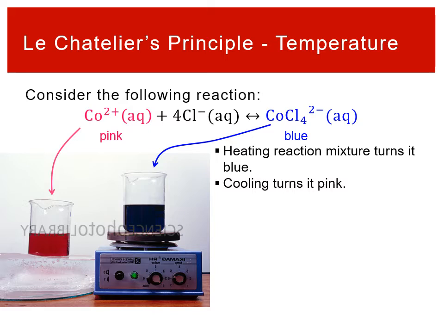So what that means is, if you were to move the equilibrium position, you would see different colors. The reaction will literally look different colors. And we can see that when we heat it, heating turns it blue, and cooling turns it pink. So we can see these trends of different colors, and we can see which side of the equilibrium is more common.